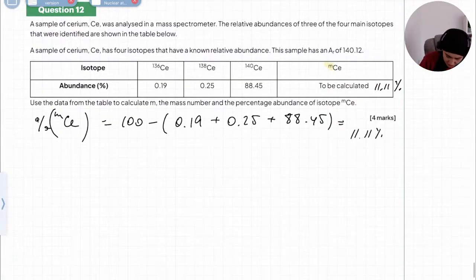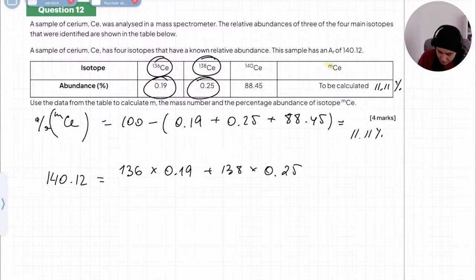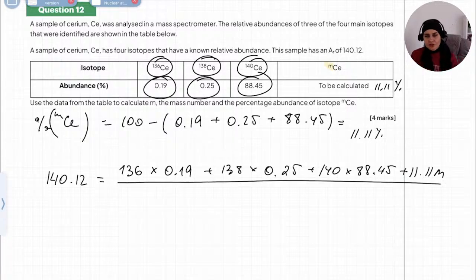I will just say that 140.12 equals 136 times 0.19, so this times this, plus 138 times 0.25 plus 140 times 88.45 and plus what? Plus m times 11.11, and divided by the sum of abundances. Here we don't have to check because obviously it's 100. We set it as 100. Yes, and then we just find m.